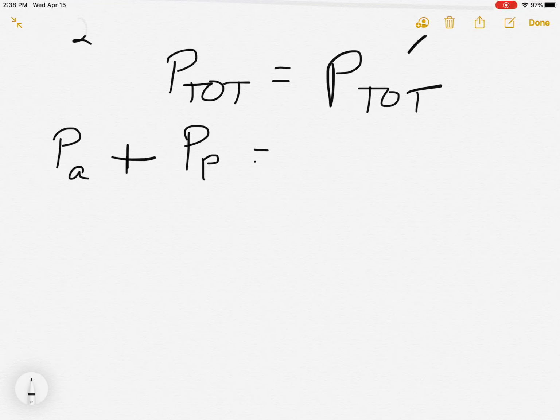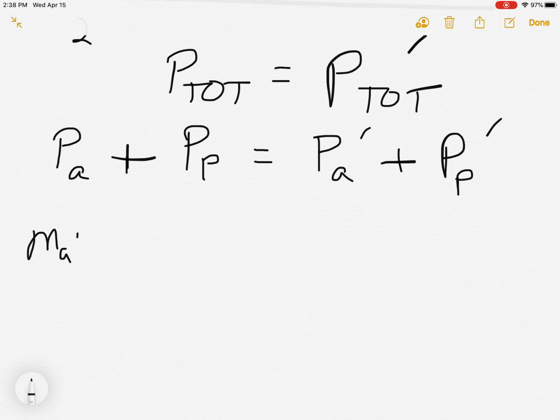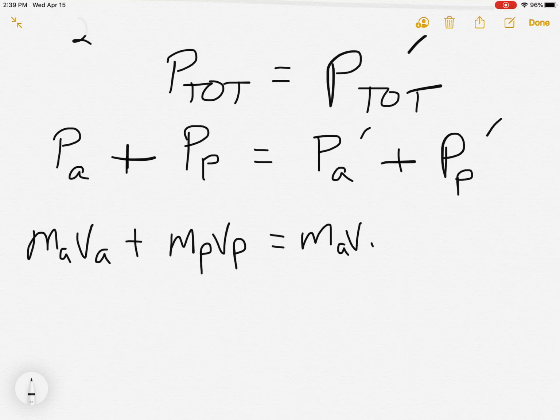Let's call it the projectile. There, P equals momentum of the apple after plus momentum of the projectile after: the mass of the apple, velocity of the apple, mass of the projectile arrow, velocity of the projectile arrow.